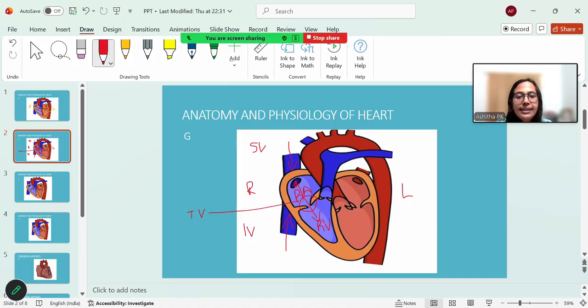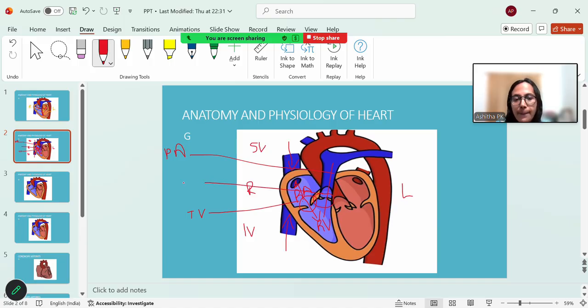This right ventricle pumps the blood to the pulmonary artery through a valve known as the pulmonary valve.